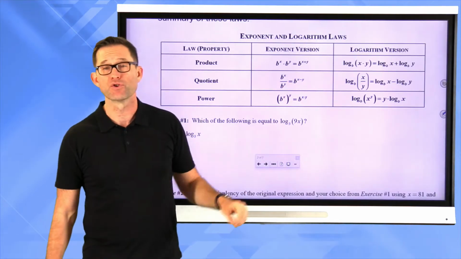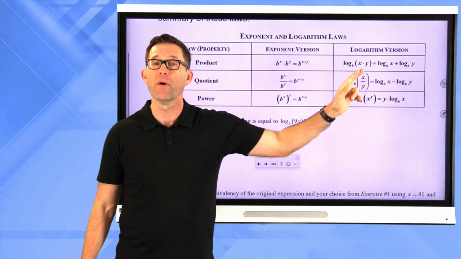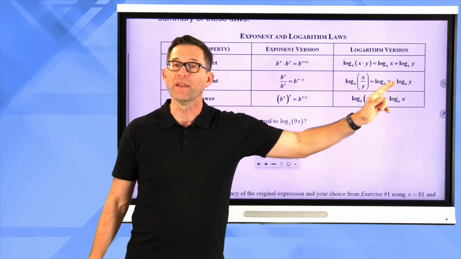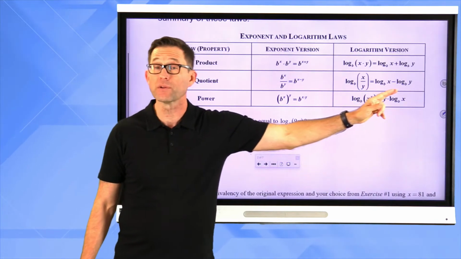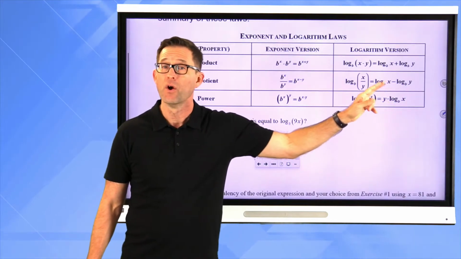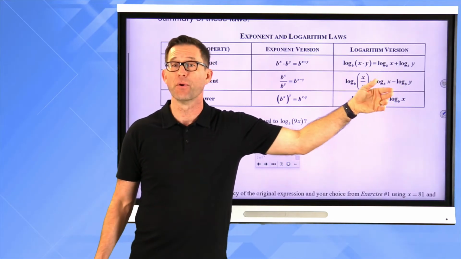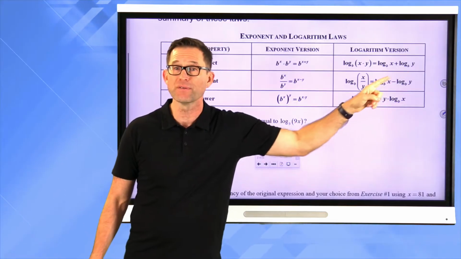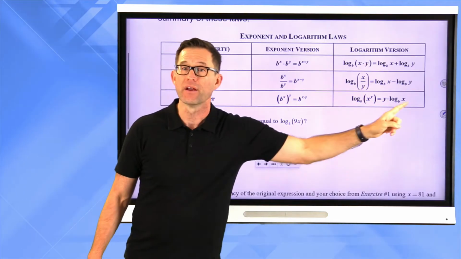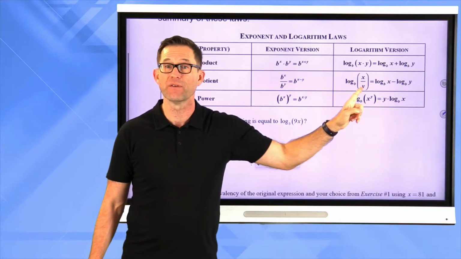The logarithm version of that is that when we take the logarithm of a division, we can then subtract the 2 logarithms. We're literally subtracting exponents here. Logarithms are exponents. So here we're adding exponents because we multiply. Here we're subtracting exponents because we divide.